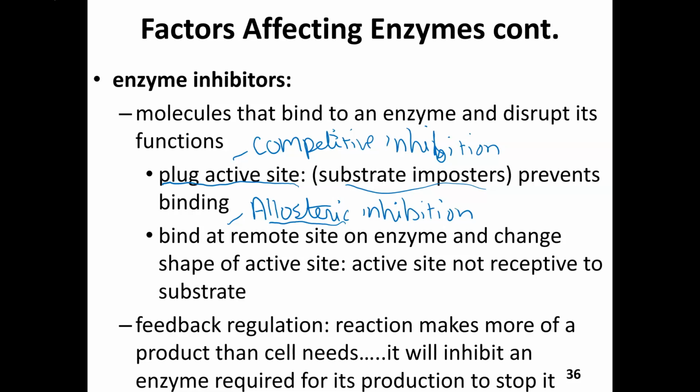And when it binds, it changes the shape of the active site. And so both of these are actually used in feedback regulation to control metabolic pathways. So if we don't need something to be produced, we can actually stop them from being produced. But competitive inhibition also can occur when you have poisons in your system. So let's look at that, okay?